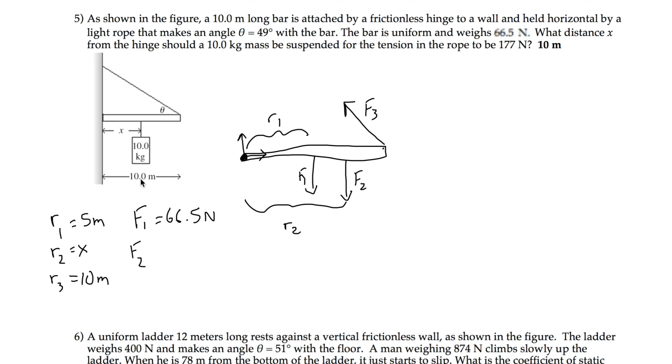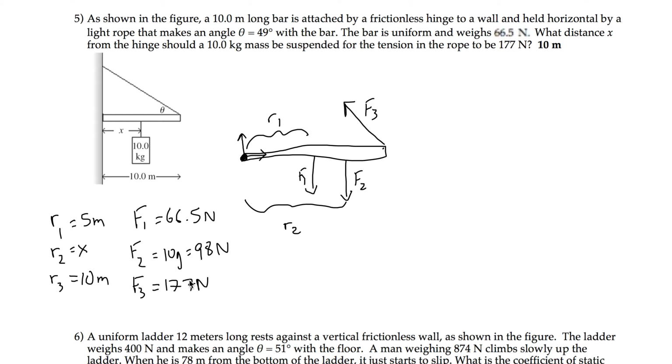F2, we have a 10 kilogram mass, so it's going to be the mass times g, so 10 times g, which is 98 newtons. And F3 is the tension, which is given as 177 newtons.